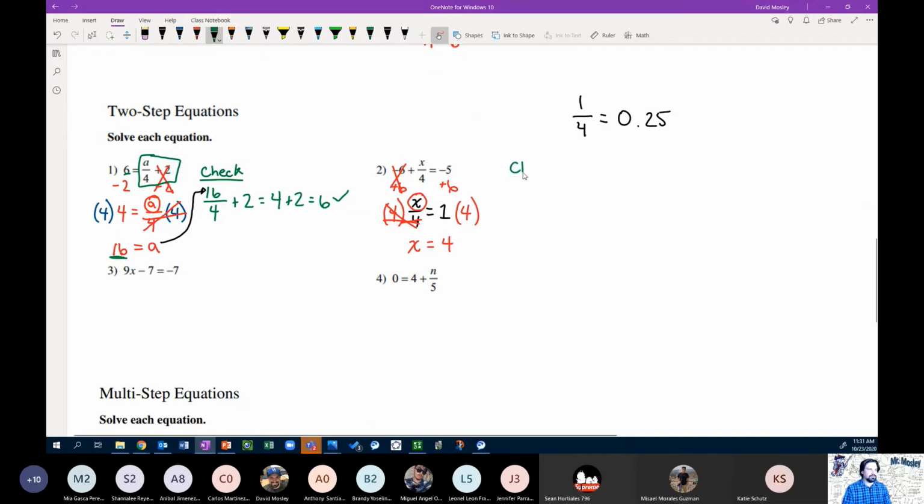And then we check. Wherever there's an x, I put a 4. We have negative 6 plus 4 divided by 4, because I have one x.